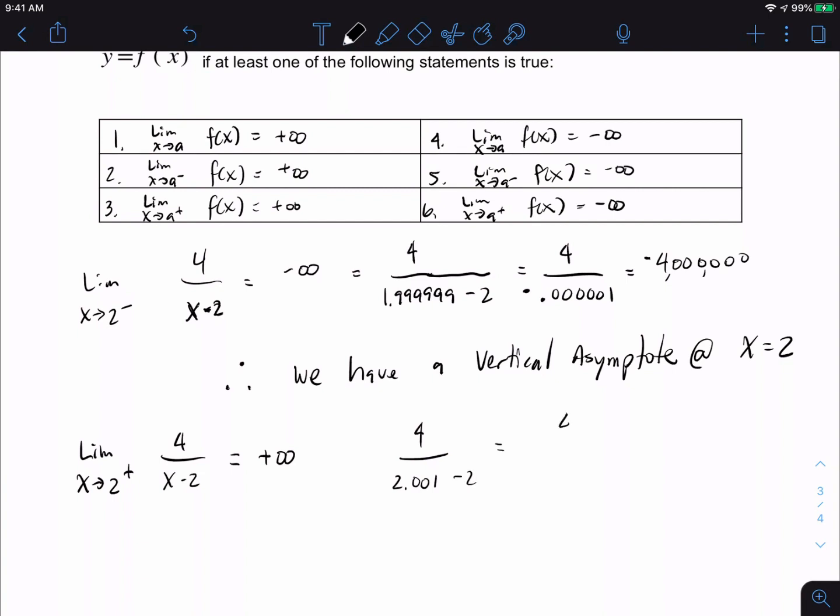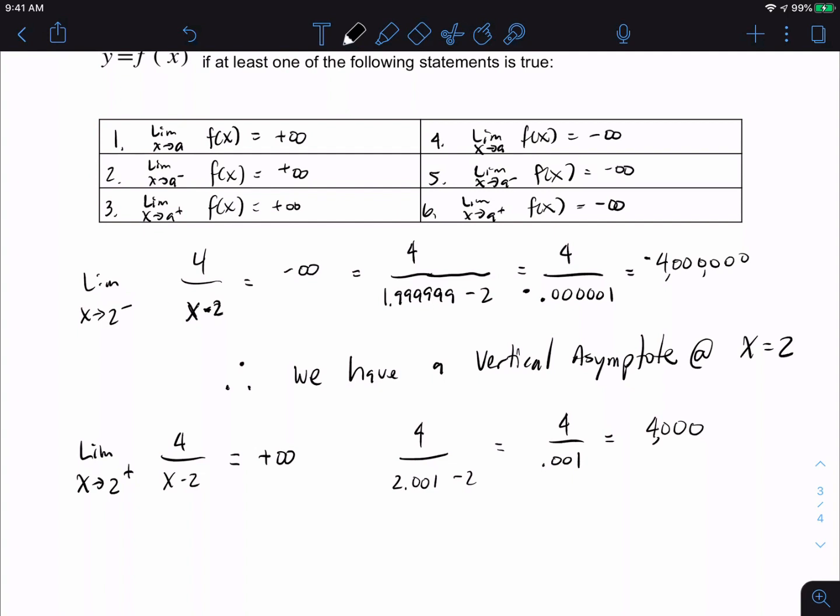That's going to give me 4 over 0.001. And we can see that's going to be 1, 2, 3. That's 4,000. That thing's exploding to positive infinity. And so I know that this thing is in fact going to be positive infinity.